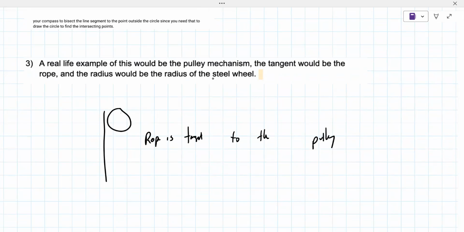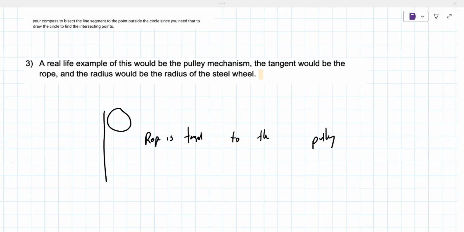These are good questions, because there are a lot of tangents in the real world. How many do you think you need? I think it was just one.